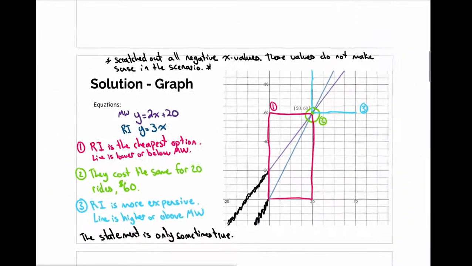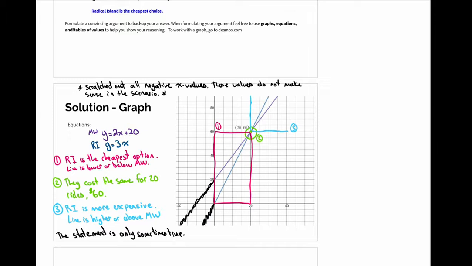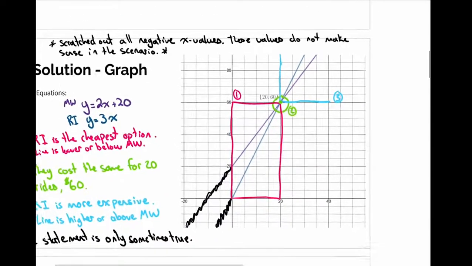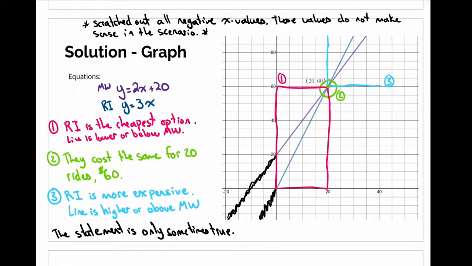And again, that statement was that Radical Island is the cheapest choice, but we see that's only sometimes true. In this first section of our graph, it's definitely true. At this green point, or at this intersection point, it's not true because they cost the same. And then after that green point or intersection, it's not true because it is more expensive, or it's the higher line. So that's how we can get that solution, by looking at the graph.